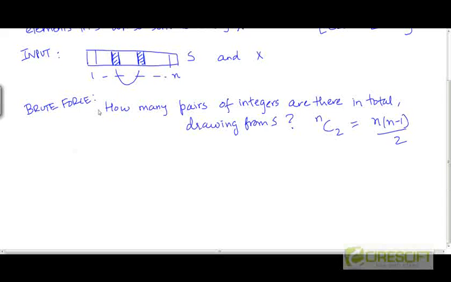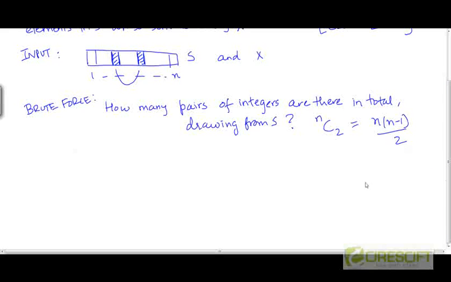So a brute force algorithm would check every possible pair of integers drawn from the set S, and for each pair it would check whether the two integers add up to x or not. If they do add up to x, then you say yes and you terminate the algorithm at that point, if necessary outputting what those two integers are.